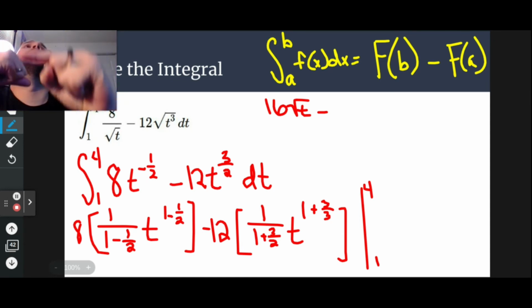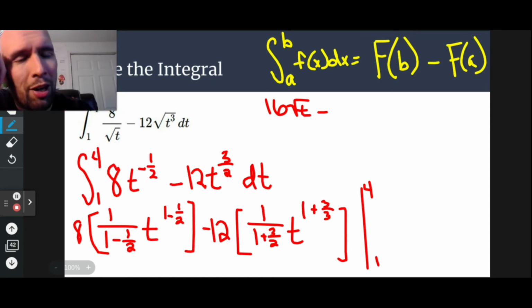Flip that upside down, which is 2/5, and this becomes minus 24 over 5.